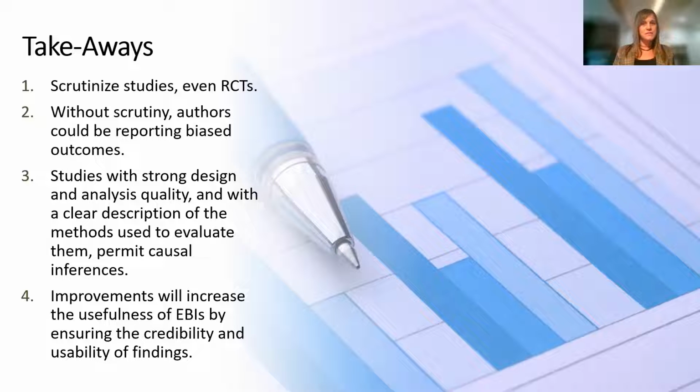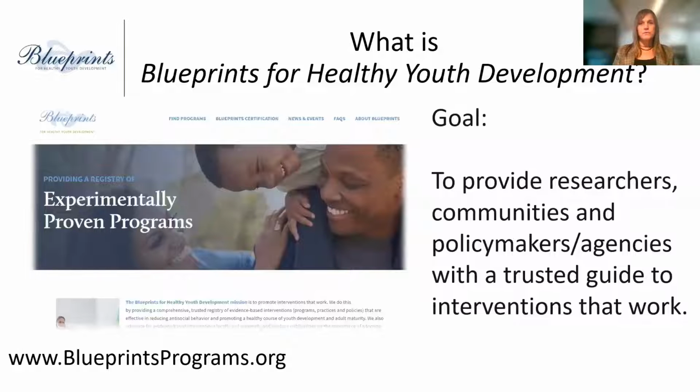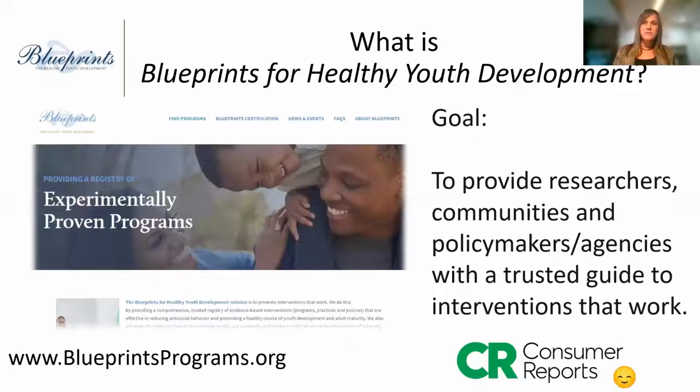However, the good news is you're not the one that needs to figure all of this out. That is exactly the role that we serve at Blueprints and other online registries. Our goal at Blueprints is to provide researchers, communities, policymakers, and agencies with a trusted guide to interventions that work. An analogy we often give is we consider ourselves the Consumer Reports guides to evidence-based interventions.